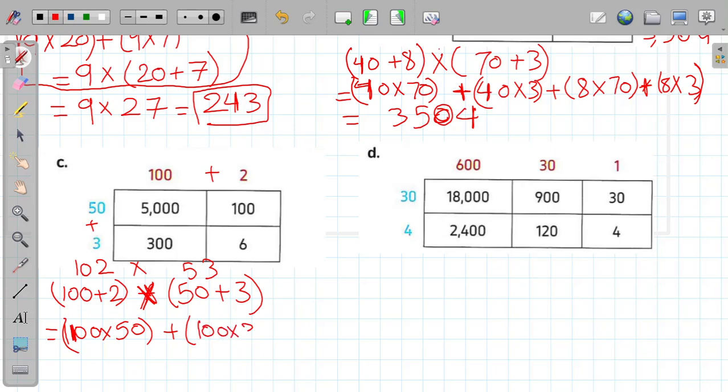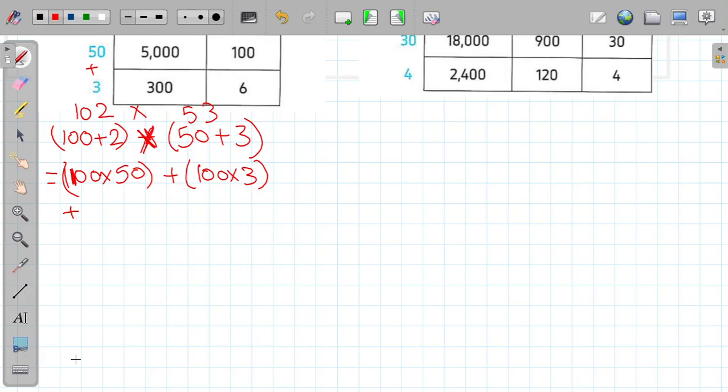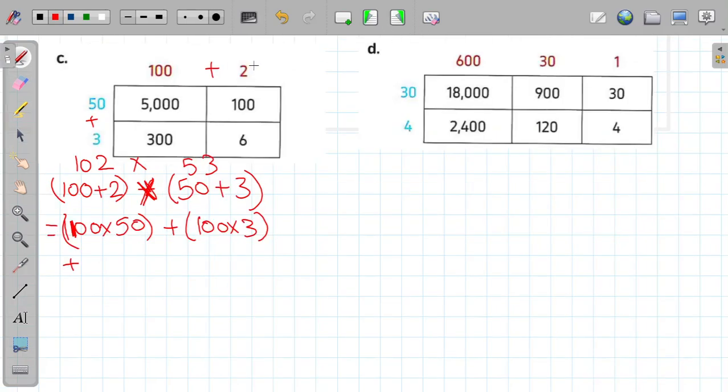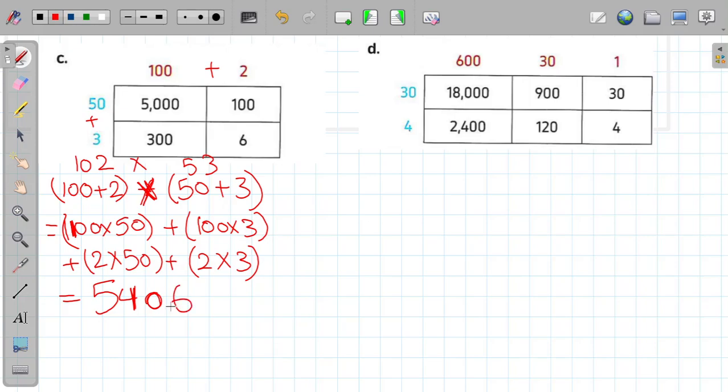Next, I have 2 times 50. Next, I have 2 times 3. So, I have 5,000, 300, 100, and 6. That's 5,406.